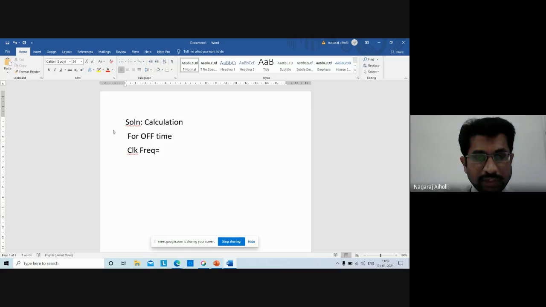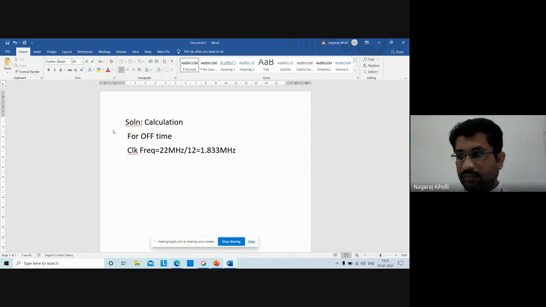Here the crystal frequency is 22 megahertz, divided by 12. It comes out to 1.833 megahertz. Just check your answers.